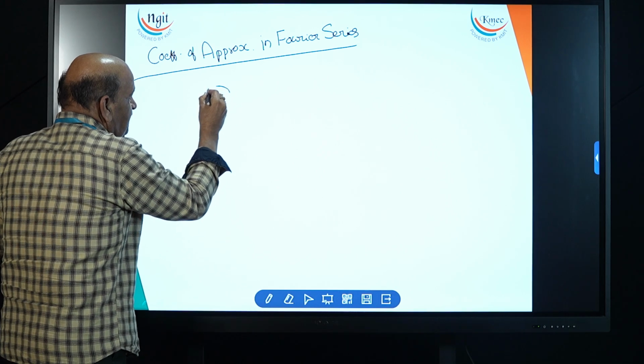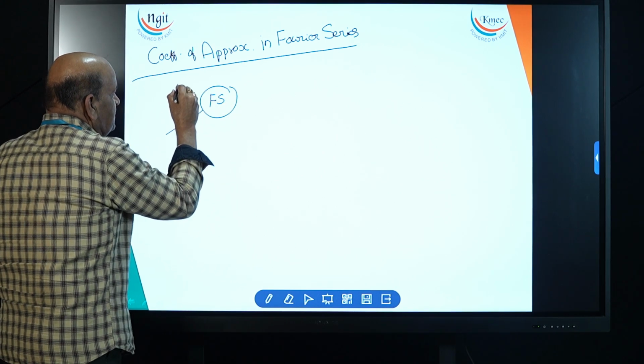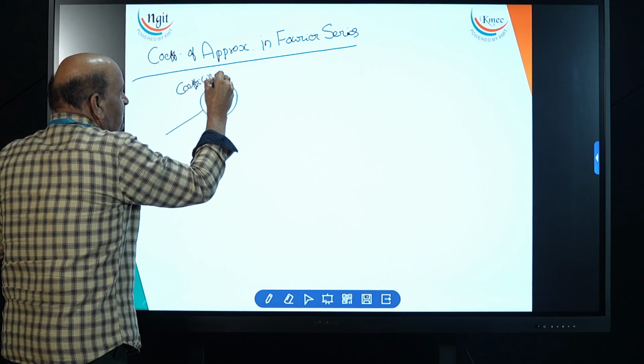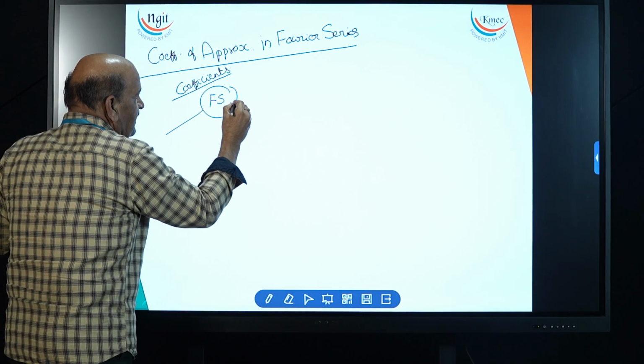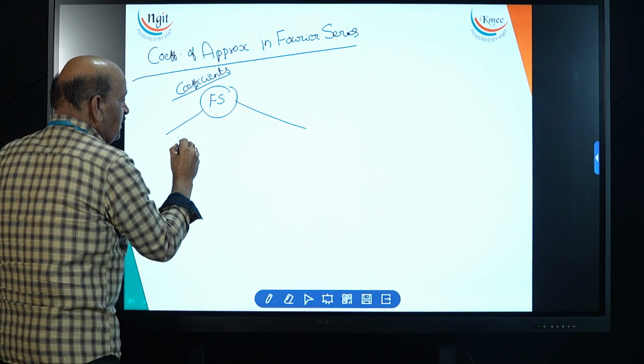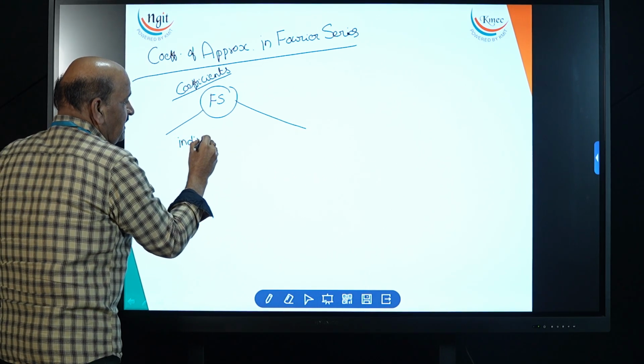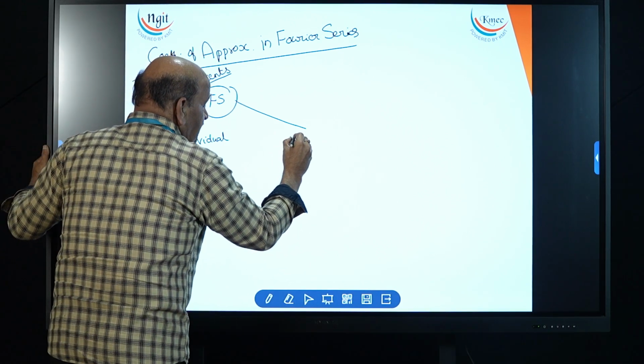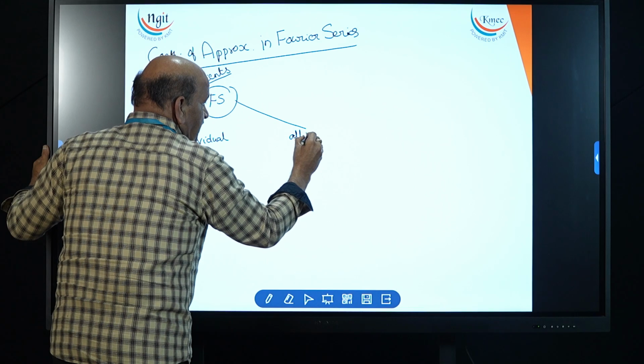In Fourier series, coefficients can be expressed individually. It can be expressed as an individual one or all in one.